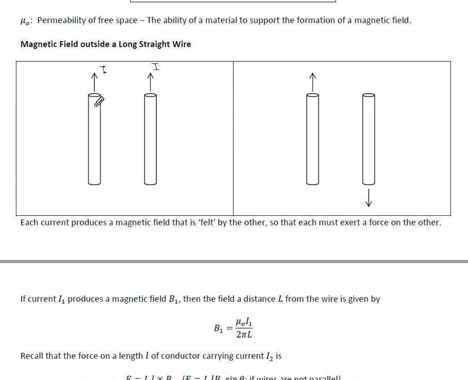Let's just look at the left wire first. The left wire has a current upwards. So I take my right hand and put my hand around that left wire. The magnetic field is going to go around the wire like so, and that field goes all the way over here, where it's going to interact with our right wire.